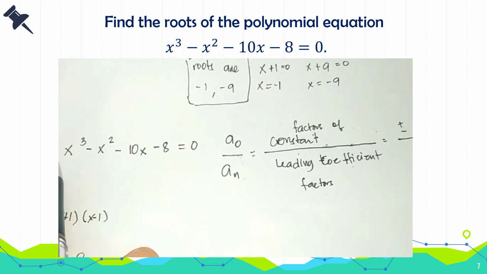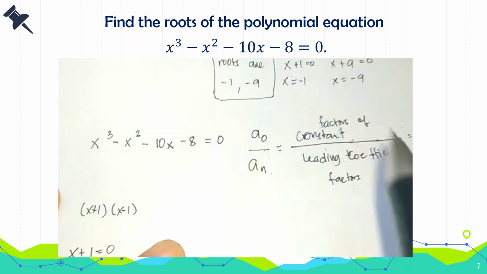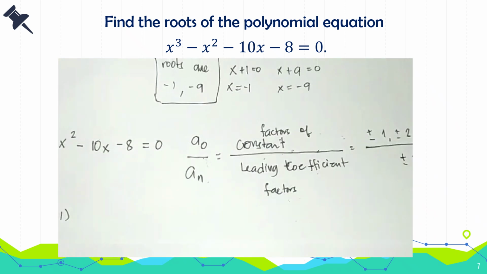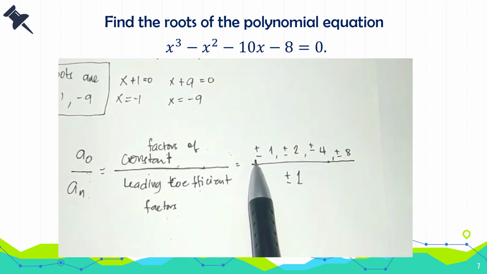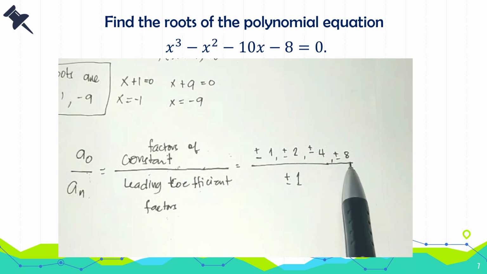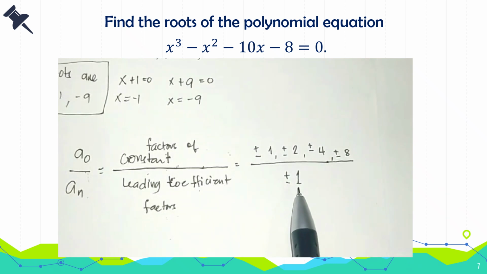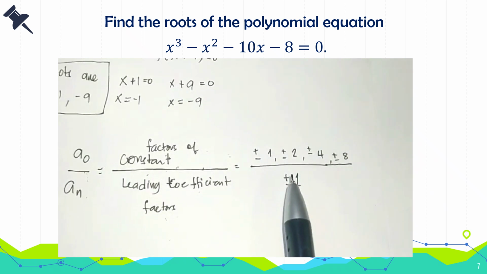Here our leading coefficient is 1 and our constant is negative 8, so we will have the factors. For 8, the constant: plus or minus 1, plus or minus 2, plus or minus 4, and plus or minus 8. And for our leading coefficient 1, the factors will be plus or minus 1.